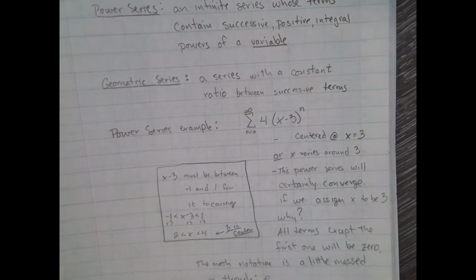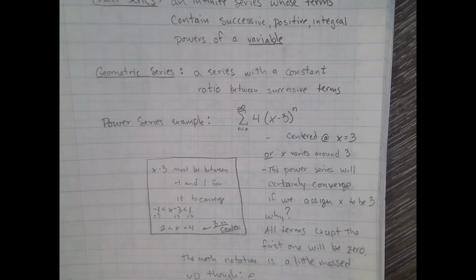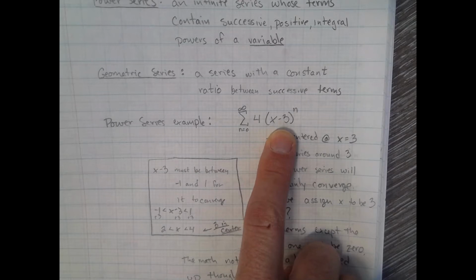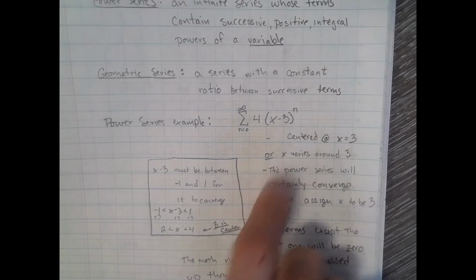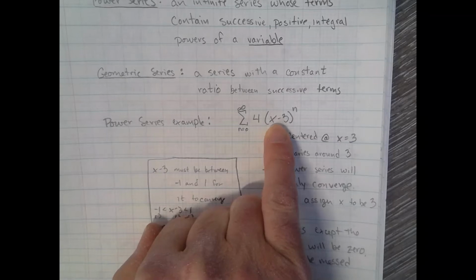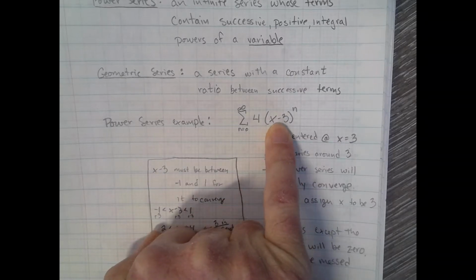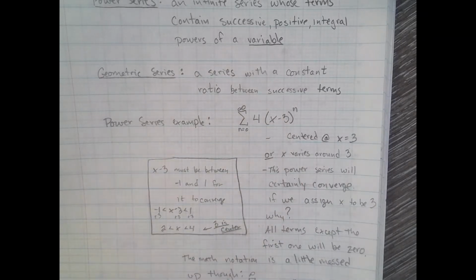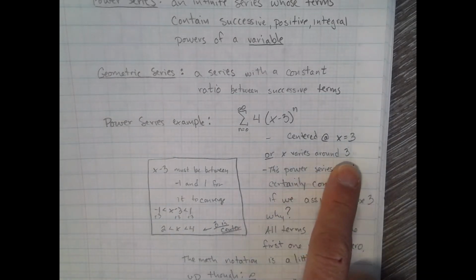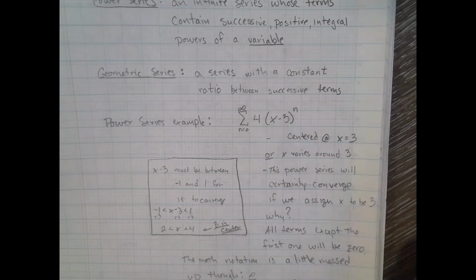Okay, so here's an example of a power series. It's centered at 3. You can tell that it's centered at 3 because it's x minus 3, and whatever makes that 0 is the center. You could also say it varies around 3. I'll call it the center more than varies around 3.